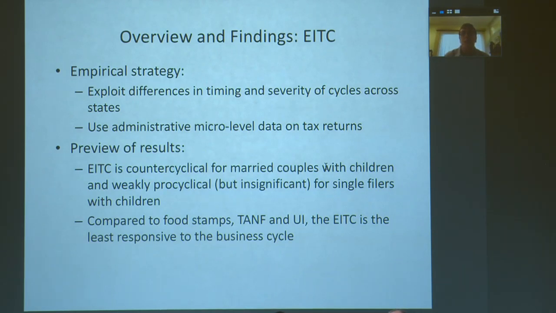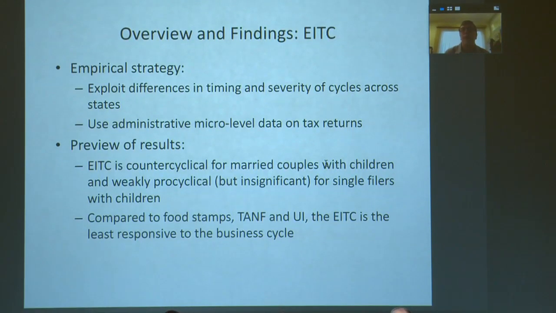In fact, what's on the records for the CPS ASEC is their modeling of what people's EITC take-up would be. Instead of that, we're going to take the administrative micro-level data on tax returns that's publicly available in the Statistics of Income, and we're going to aggregate that to the state and year level by filing type.